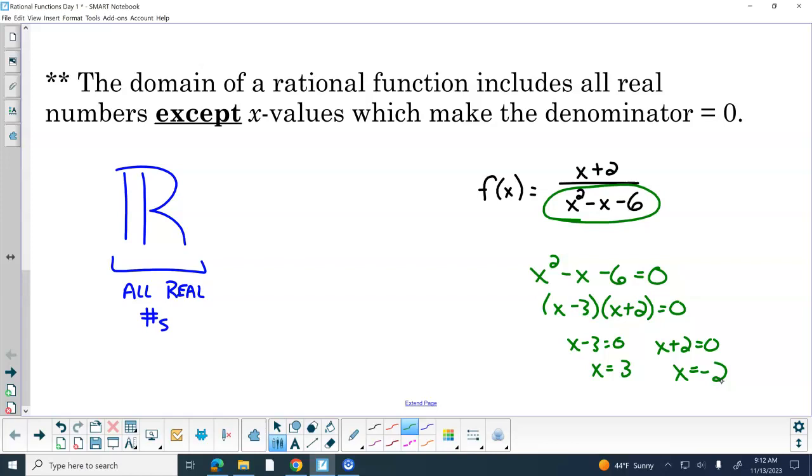So the domain of this function, if we were finding it, would be all real numbers, but x cannot be -2 or +3. That's how we would write that.